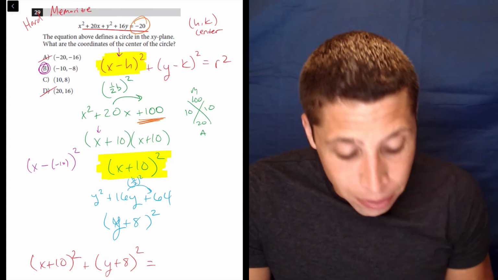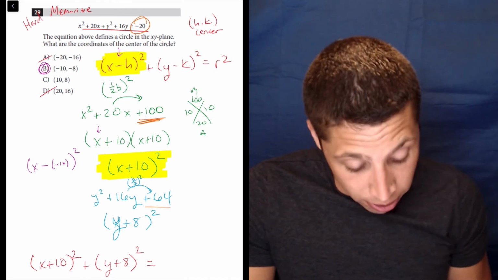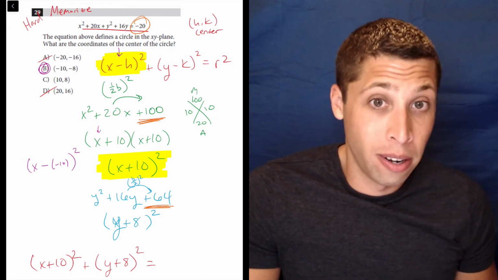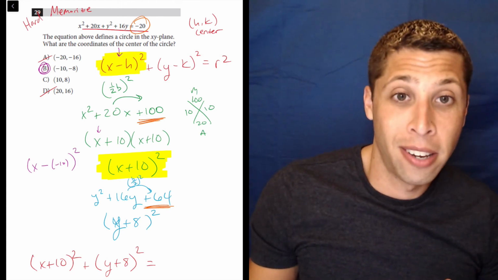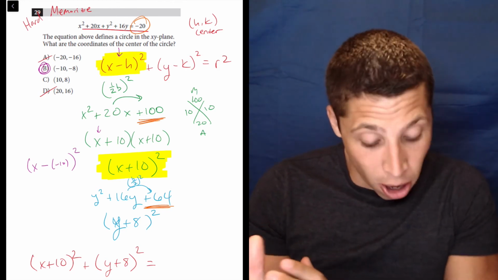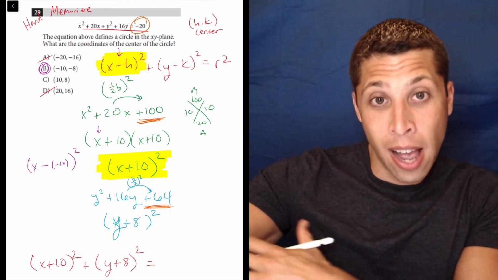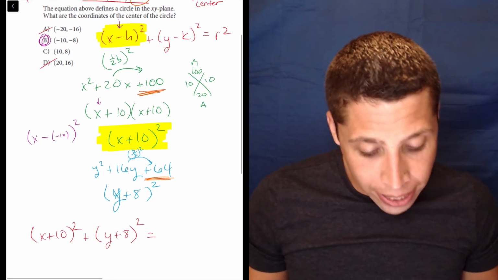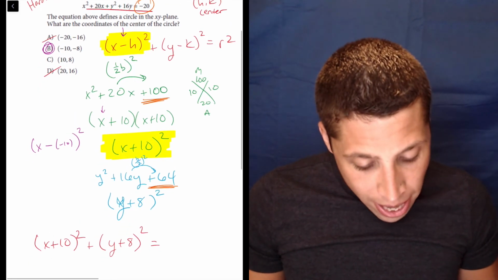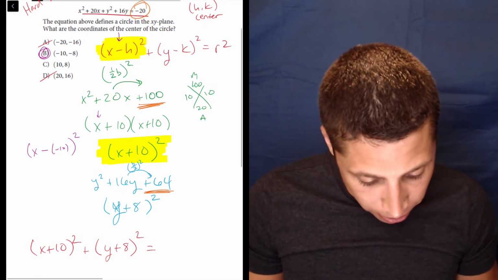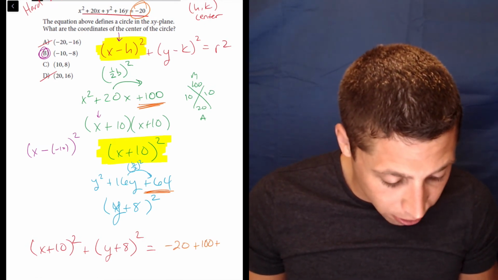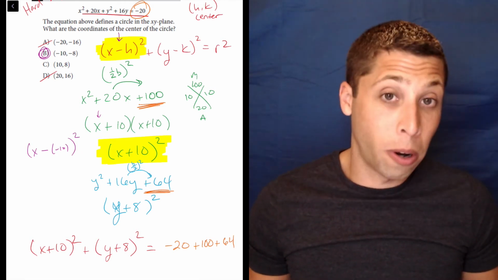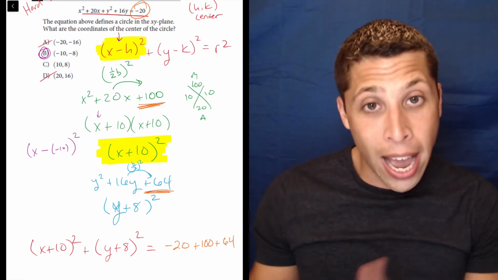I randomly added 164 to an equation. You can't do that. You can't randomly add numbers to things. So if I add something on the left side, I need to balance it out by adding it on the right. So that negative 20, I'll put it over here still, is going to get an extra 100 and an extra 64 to balance out what I added on the left.